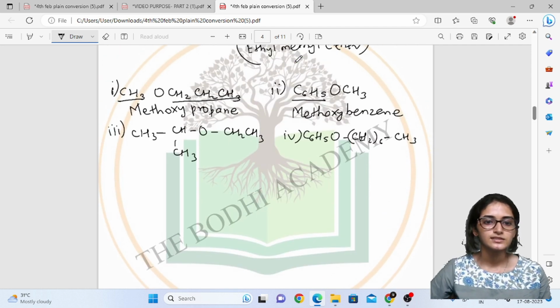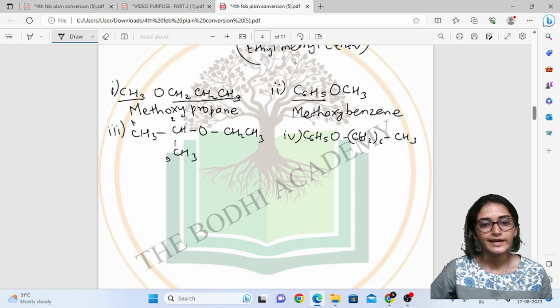The next is this ether. Now this is a little complex. How to name this one? Here there are 3 carbons and here there are 2 carbons. So the name will end obviously with this name. But here you have to consider this full chain. Either you start numbering from this carbon or this carbon. If I start numbering here, 1, 2, 3, then this is the main chain and this is the second carbon.